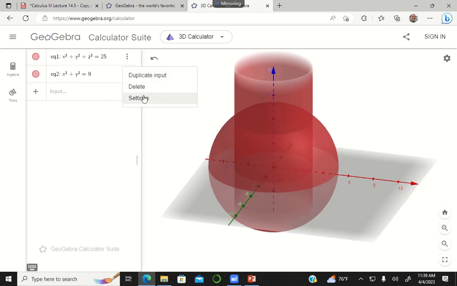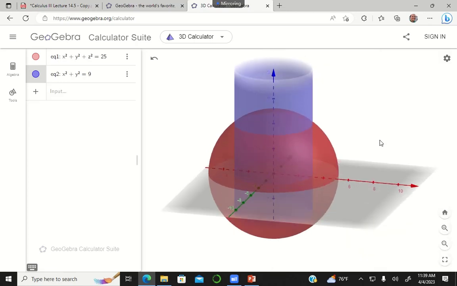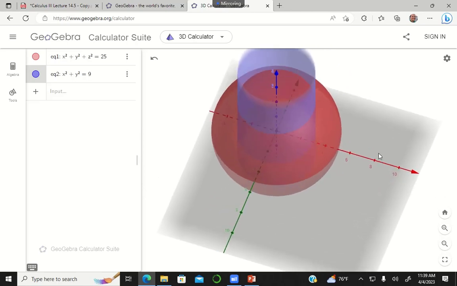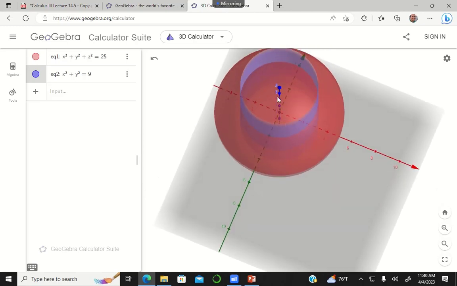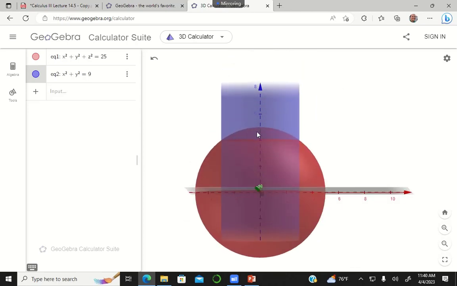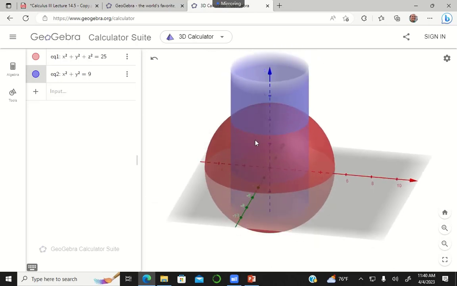And so, change the color a little bit. Ta-da. Okay. So what I'm asking in this problem is above the xy plane, inside the cylinder, what is the surface area of this little portion of the sphere? What's the surface area of that portion of the red sphere that is inside the blue cylinder?